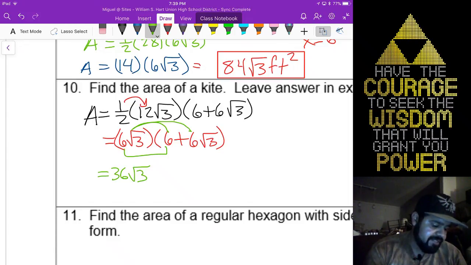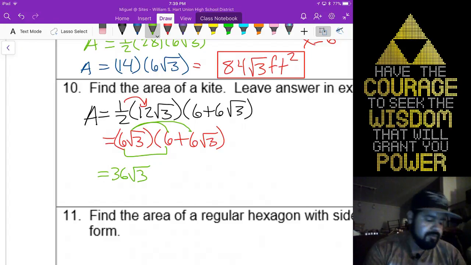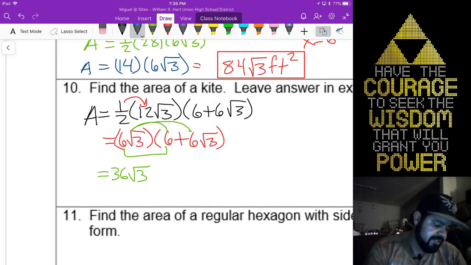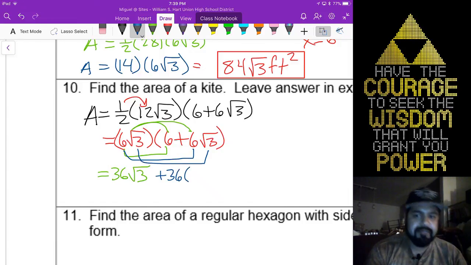Alright, so then 36 rad 3 was the first one. The second one, we're going to again do 6 times 6, but we also have to do rad 3 times rad 3. So what that will simplify to is 36 times, well, rad 3 times rad 3 is rad 9, but the square root of 9 is 3.